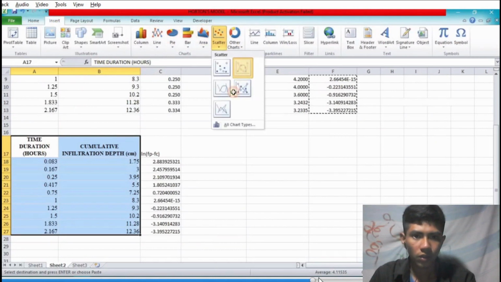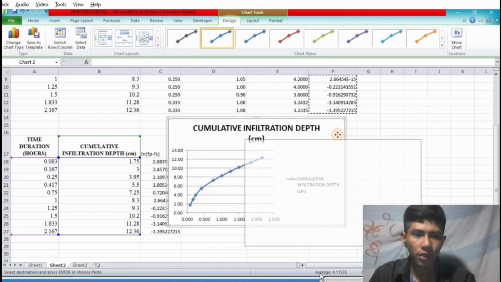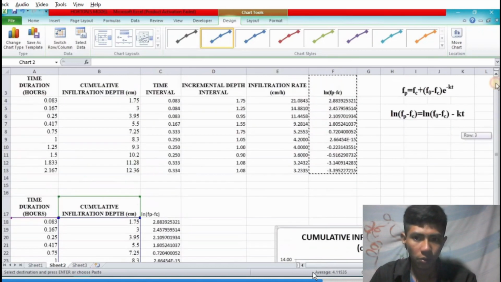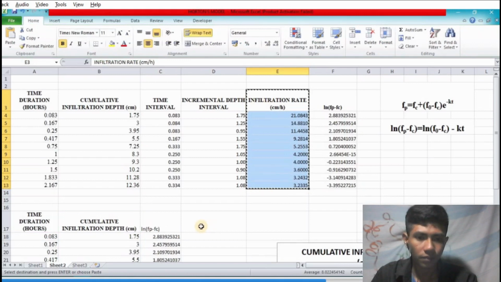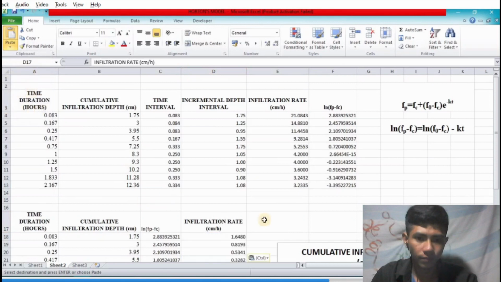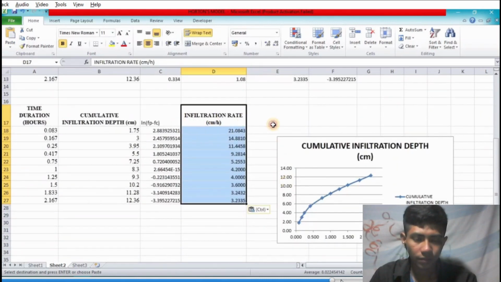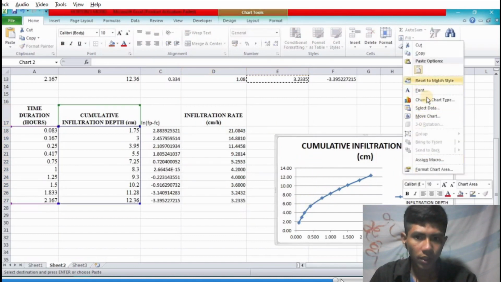Okay, the chart, scatter. Hindi pa tapos because the only thing that we've charted was the cumulative infiltration. We want also the infiltration rate. So, ganito gumawa ng chart.